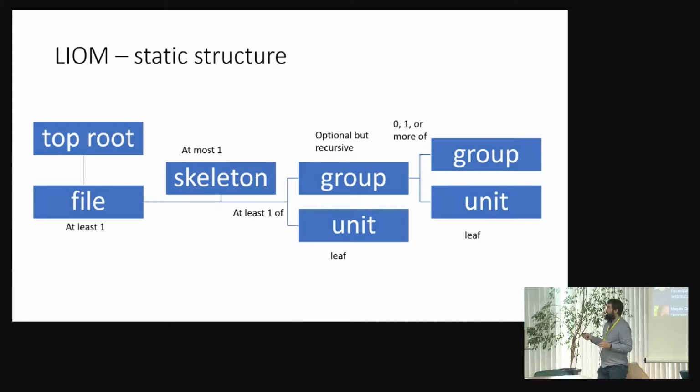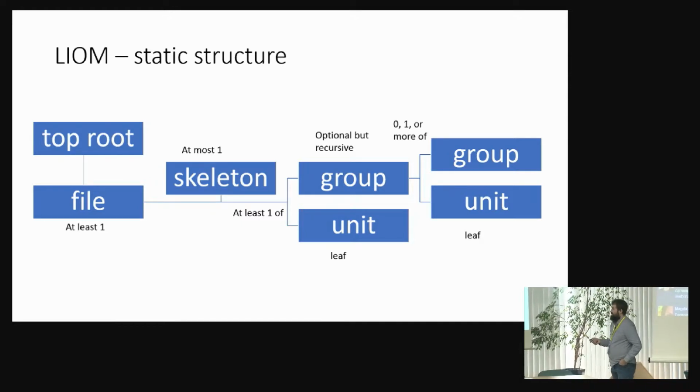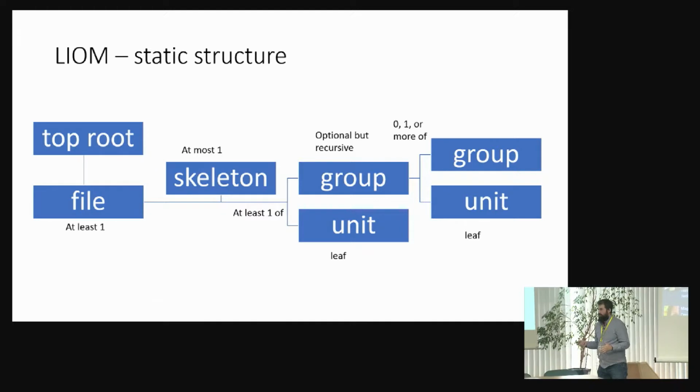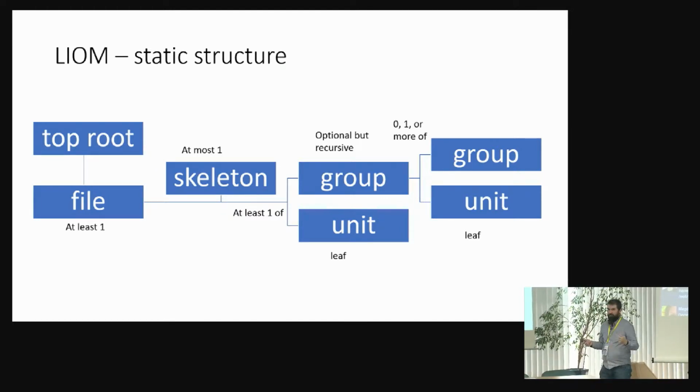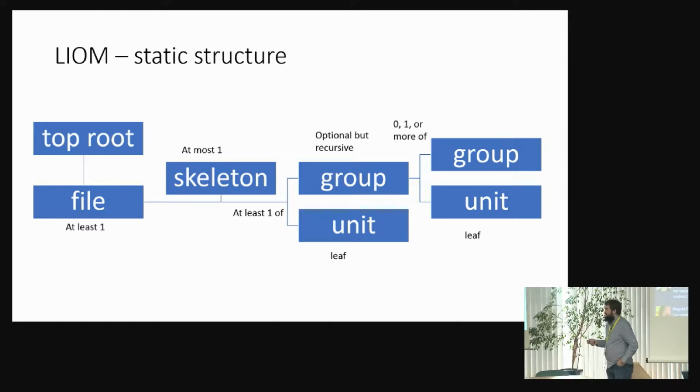This is what we call the static structure of the LIOM, the localization interchange object model. It has a top root, which can be different sorts of wrappers. But what it represents is a collection of content from source files, the structure of the source during the project.